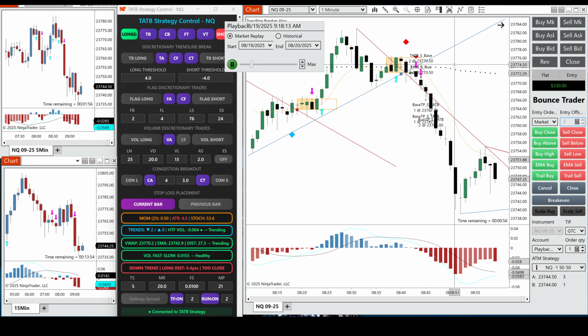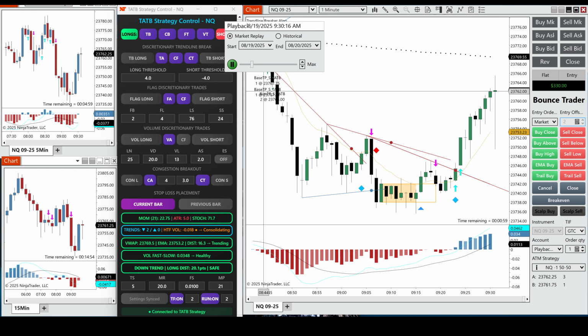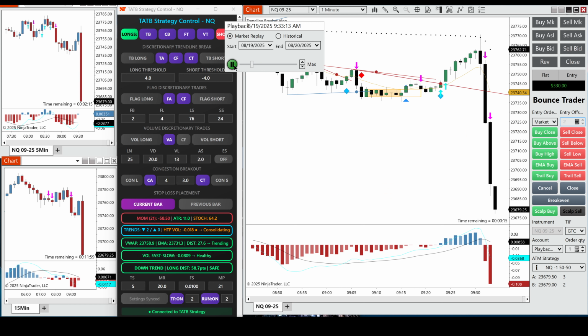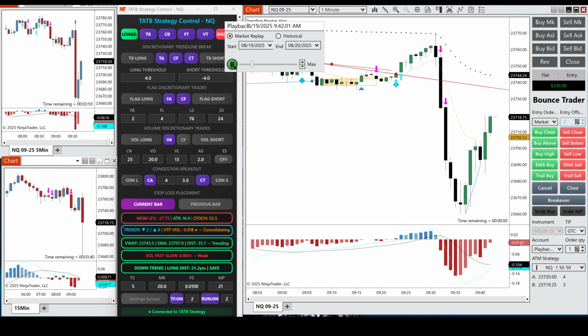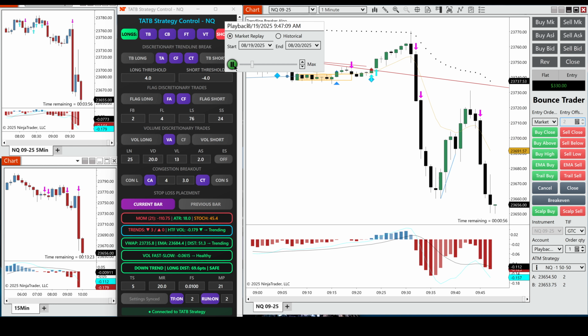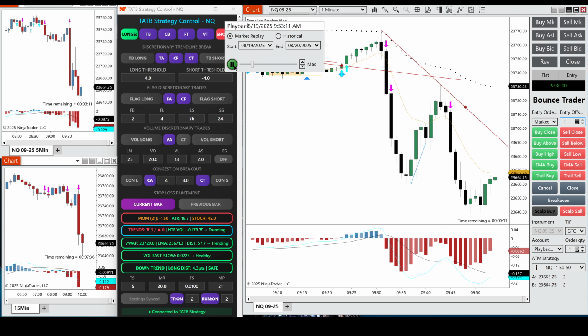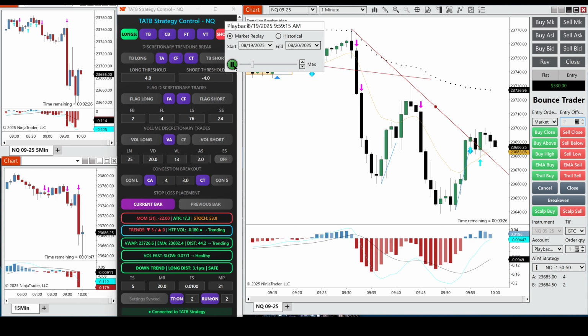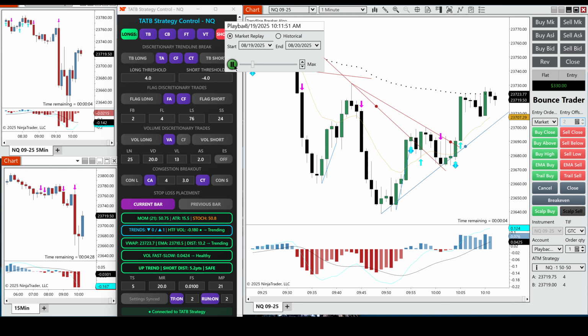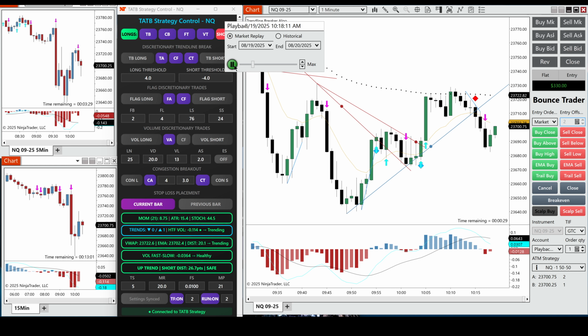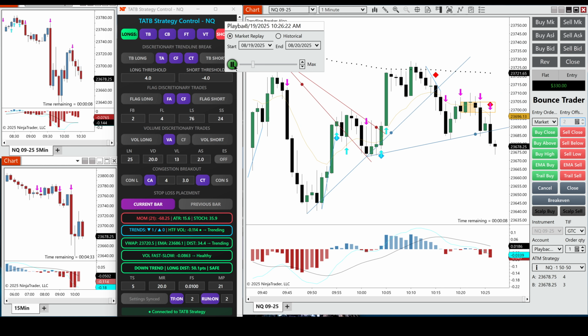Trendline. Volume up setup. Volume down setup. Flag down setup. Volume down setup. Flag down. Volume up setup. Volume down. Trend. Volume up setup. Trend. Flag. Volume down. Volume. Trendline breakdown setup.